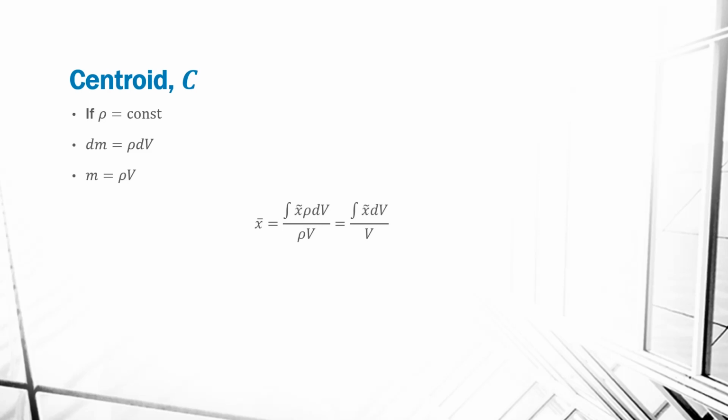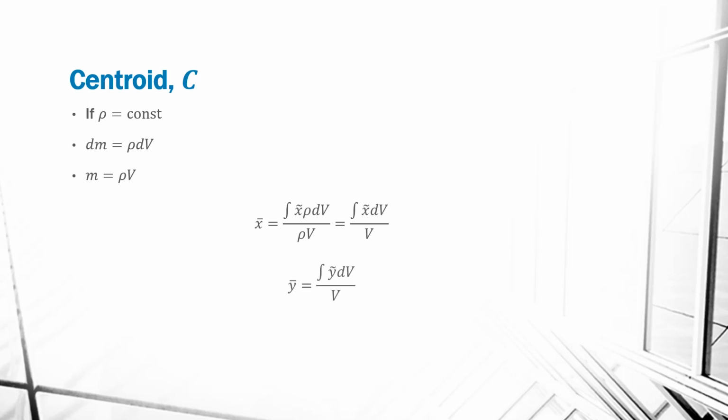Applying these relationships into our coordinates for the x location of the center of mass should leave us with a density term in the numerator, which we can take out of the integral because it is a constant, and cancel it with the density term in the denominator, giving us an x coordinate for the centroid.